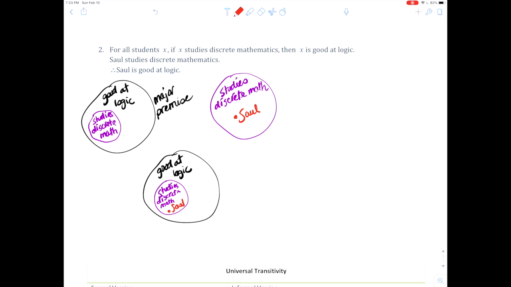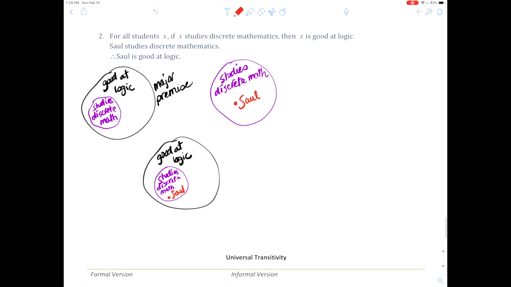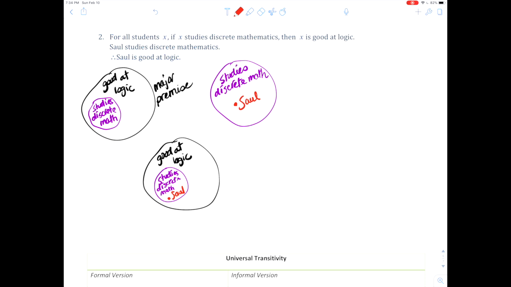Because Saul is part of the group that studies discrete math, and every student who studies discrete math is good at logic, right? So there's just one conclusion, one possibility. So this is a valid argument. And what kind of form does it use? Beautiful. Modus ponens.